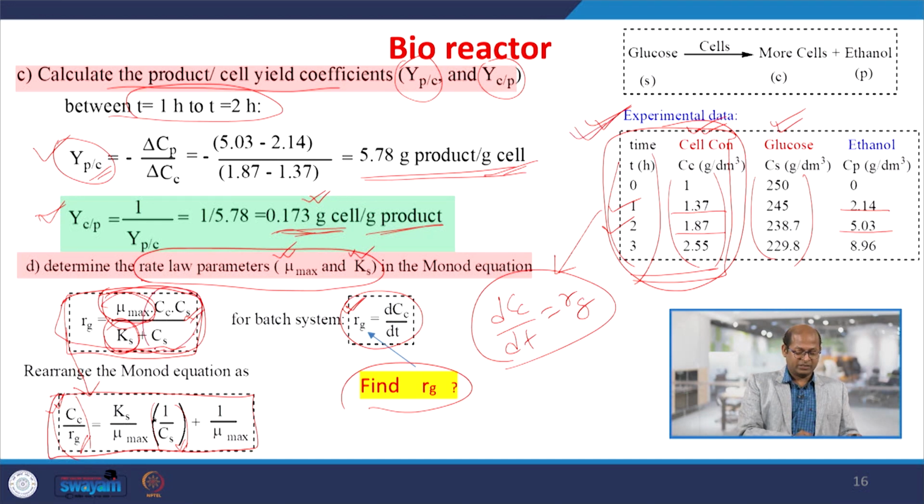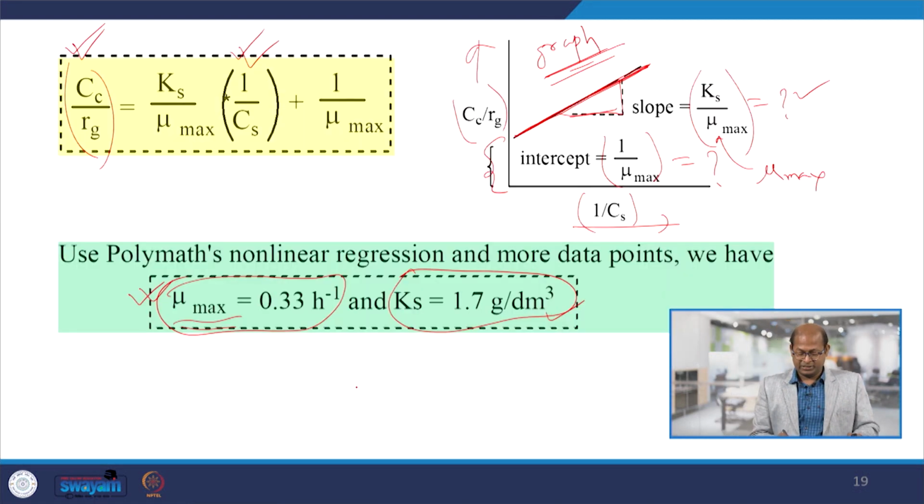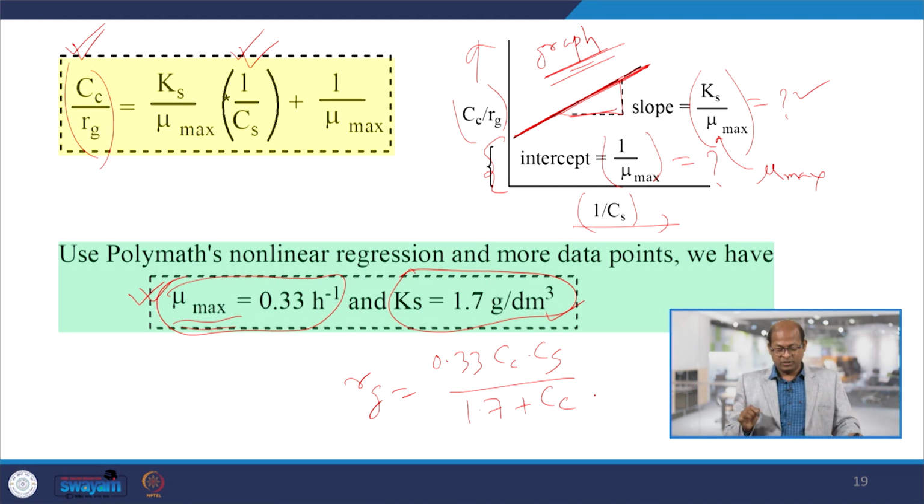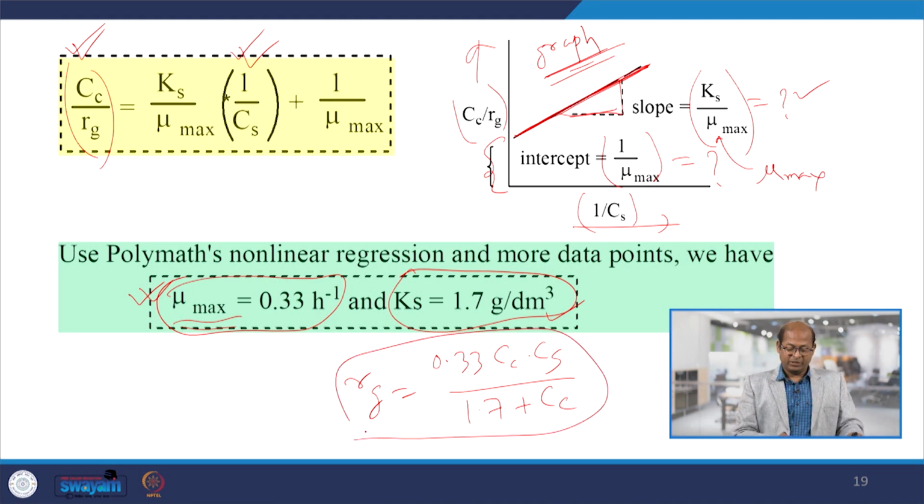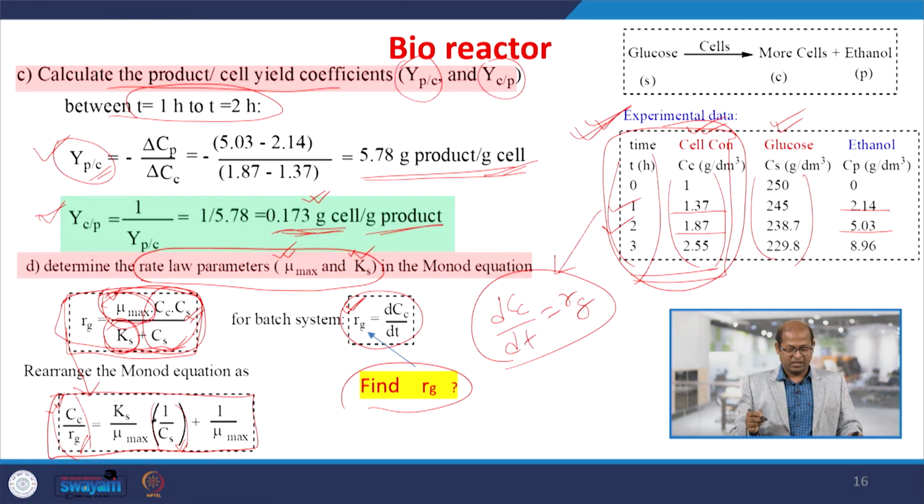Here the substrate concentration and cell concentration we have to find from the experiment. Whatever values come for mu max and Ks we put in, then the final equation is Rg equals mu max 0.33 Cc Cs divided by Ks 1.7 plus Cs. So, this is the rate equation, or rate law, for this particular reaction.